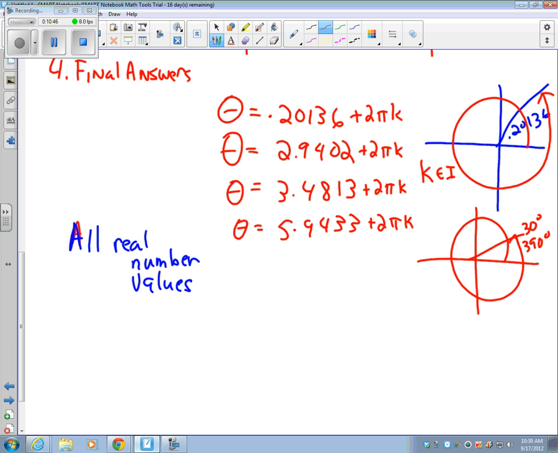Okay, so that's one of today's major things. You're going to do exactly what you did last time, but you're going to add 2 pi k to the answer. And you have to say this little thing. Whenever you introduce a variable, you have to tell me what that variable is. You can't just throw down k and assume that I know what it means. So what do we have to do with k?